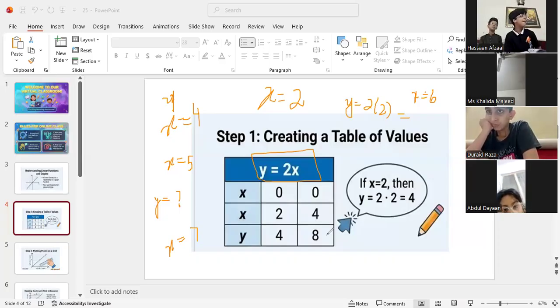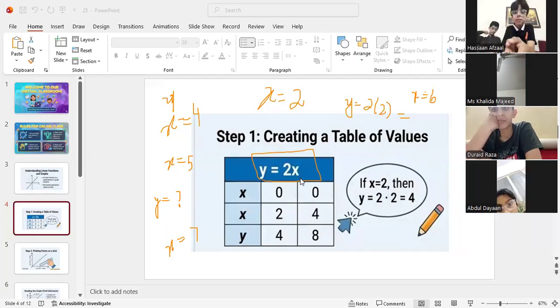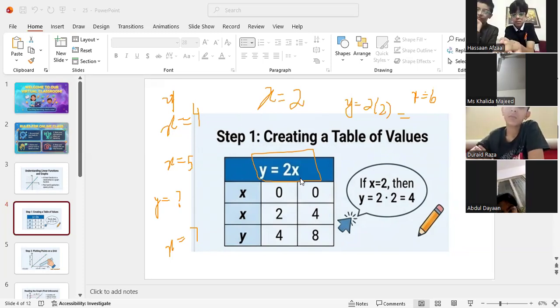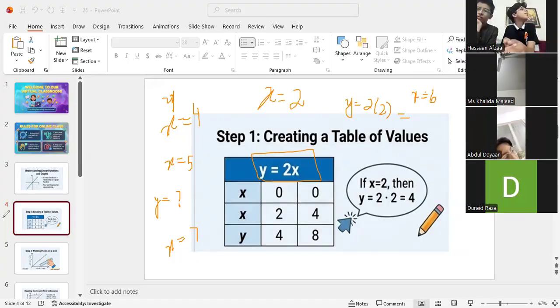Ma'am, if x is 7, y will be 14. So this concept is crystal clear: the rate of change is constant. It means that when we change one variable, the other variable will increase at a constant rate. Is this clear to everyone? Yes. Okay, nice. Let's move further.